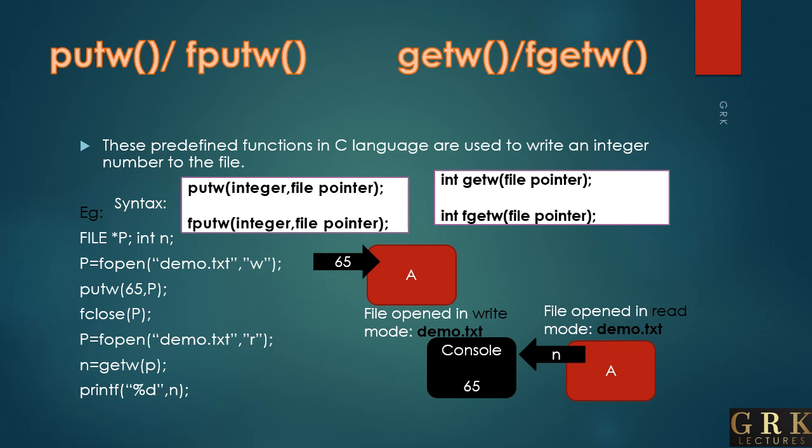But when we are reading, we get the number as it is, whatever number we stored earlier. But when you open that file, the values we entered cannot be found in the file. Instead, the ASCII values will be stored in that file.